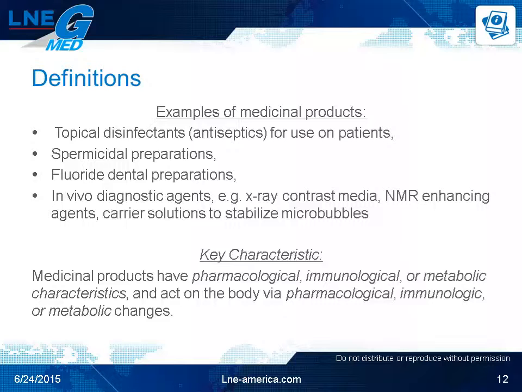Another example of medicinal products is the spermicidal preparation, a contraceptive substance that destroys sperm, inserted vaginally prior to intercourse to prevent pregnancy. Another one is fluoride dental preparation. This is also considered a medicinal product, which contains sodium fluoride, such as toothpaste and mouthwash, and can help to strengthen the tooth enamel and prevent tooth decay.